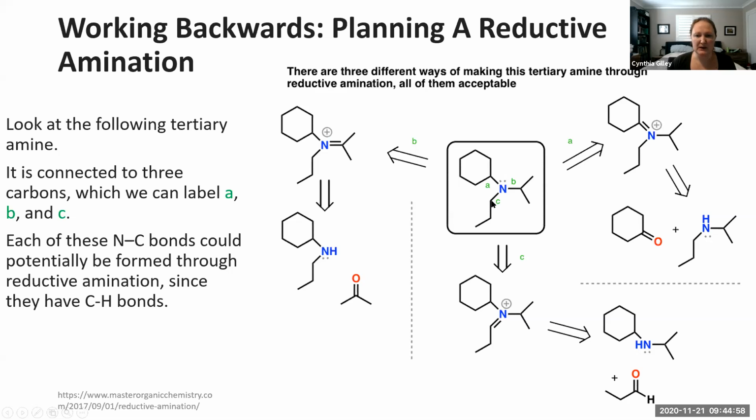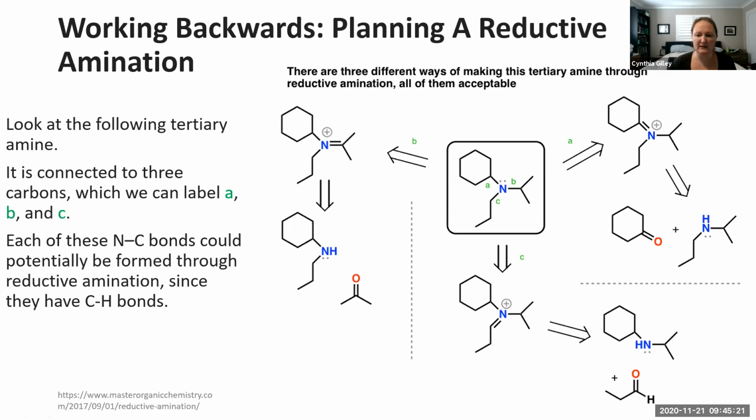How about the bond between carbon C and nitrogen? We can also make that bond. And working backwards, we could imagine a double bond between this carbon and nitrogen to reveal this iminium ion, which then, if we break this carbon-nitrogen double bond, gives a different secondary amine, and in this case, propanal.